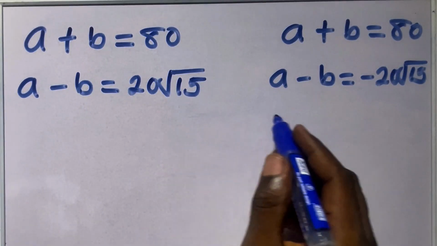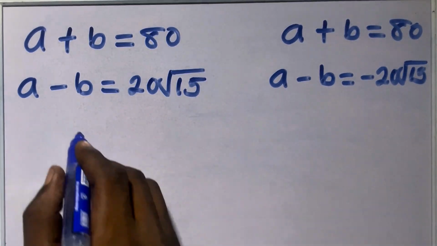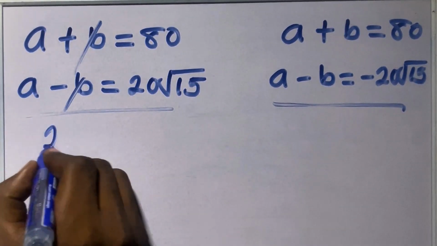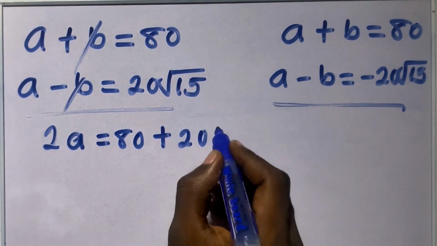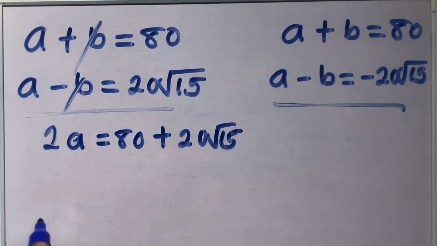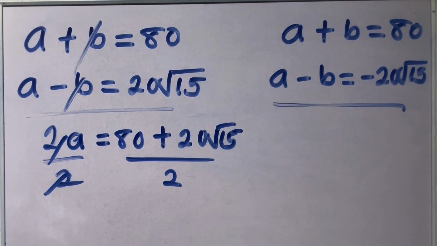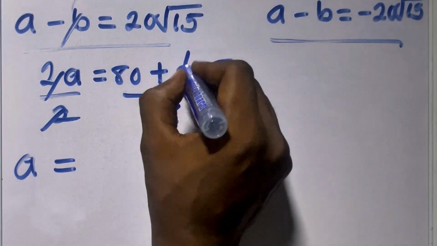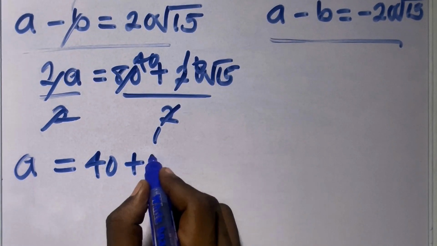So we are adding equation 3 and 5 now, and we have two values for equation 5. For the first, the b's cancel out, so we have 2a equals 80 plus 20 root 15. Divide both sides by 2, and we have a equals 40 plus 10 root 15.